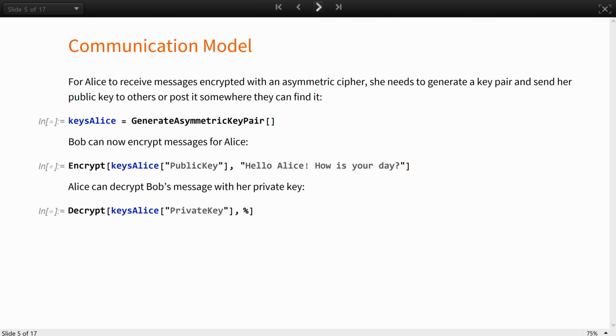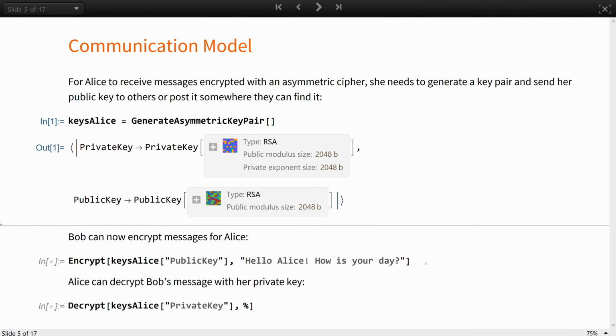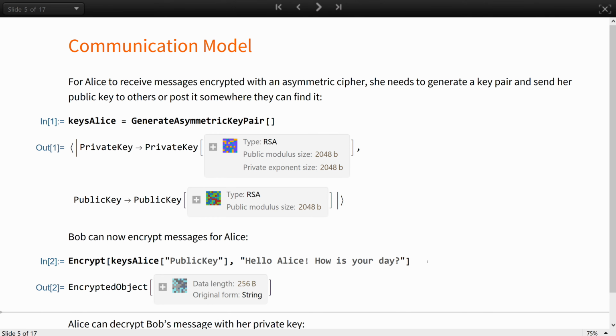For Alice to receive messages encrypted with an asymmetric cipher, she needs to generate a key pair and send her public key to others, or post it somewhere where they can find it, like a personal website or a company directory profile, etc. Bob, and anyone else who has Alice's public key, can now encrypt messages for Alice as follows.